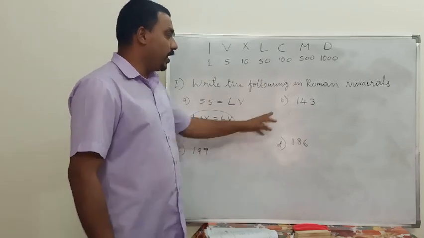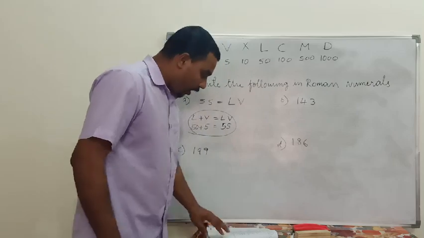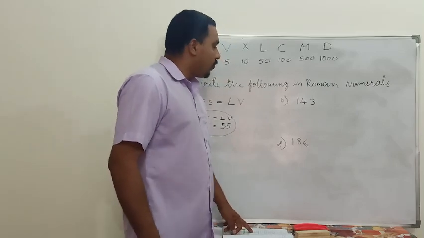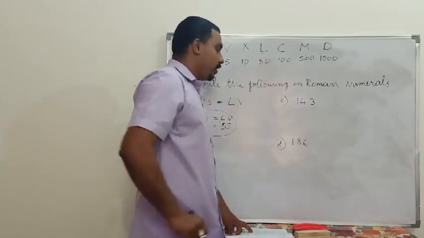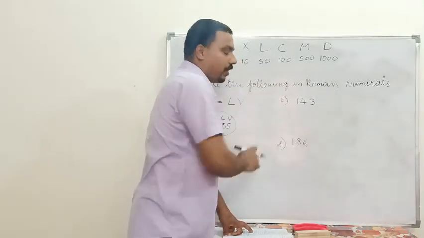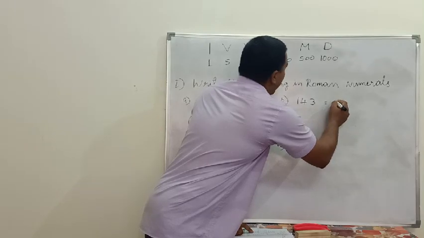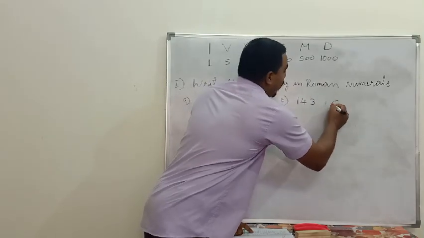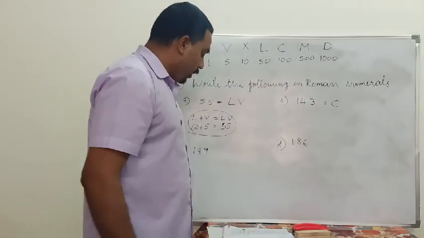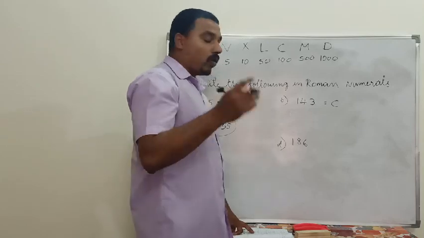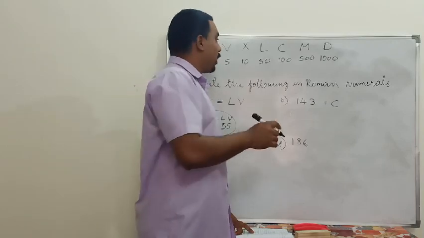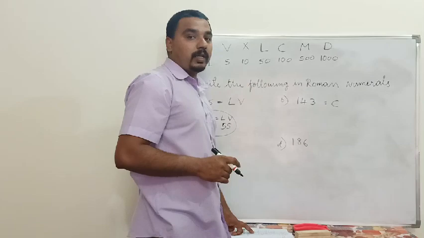Next is B, 143. How to write 143? First we have to write 100. So we can write this 100. Then 43 we have to write. We will not write 10 here. We have to write 40.